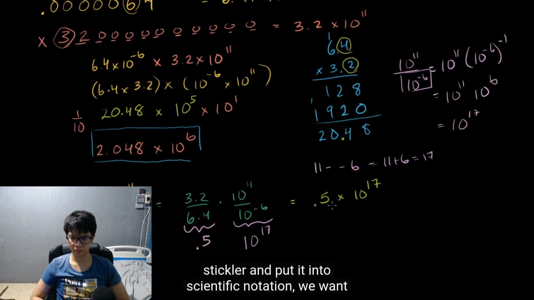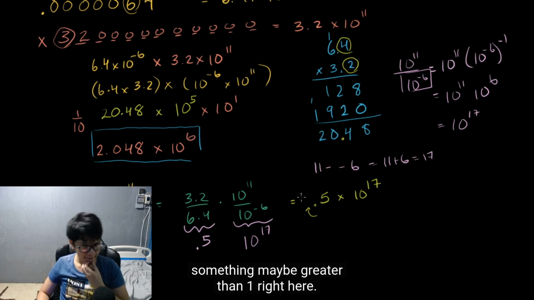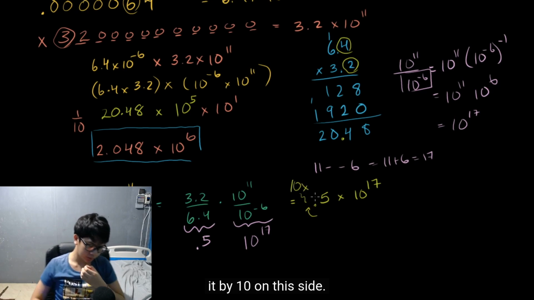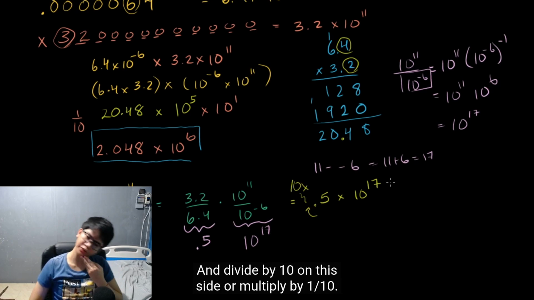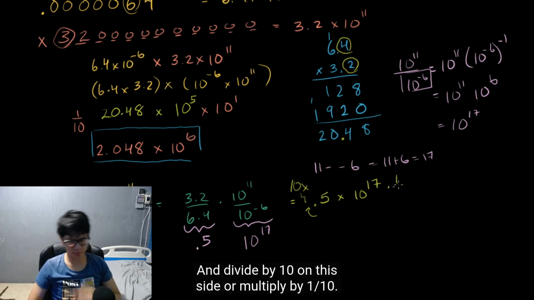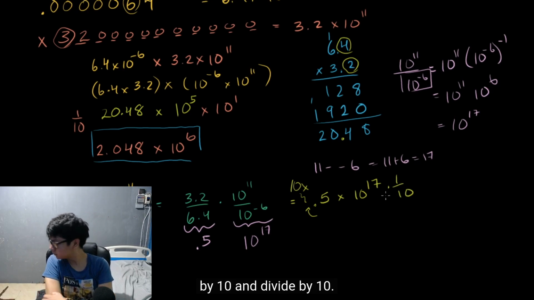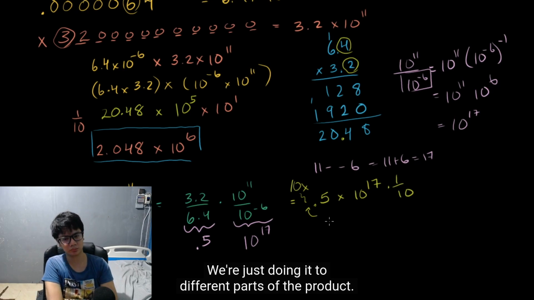But if you wanted to be a stickler and put it in scientific notation, we want something greater than or equal to 1 right here. So the way we can do that, let's multiply by 10 on this side and divide by 10 on this side. We'll multiply by 1 over 10. Remember, we're not changing the number if you multiply by 10 and divide by 10. We're just doing it to different parts of the product.